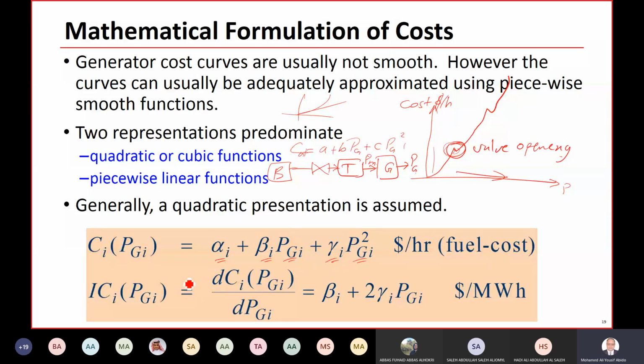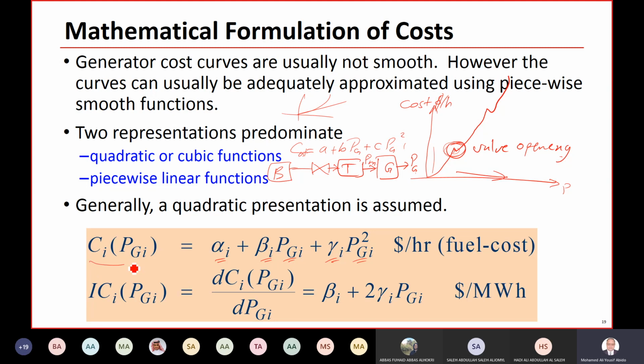The incremental cost: you can differentiate this function to get the incremental cost. The physical meaning of the incremental cost is very important, and it also plays an important role in the dispatch problem. We will discuss now the physical meaning of the incremental cost.